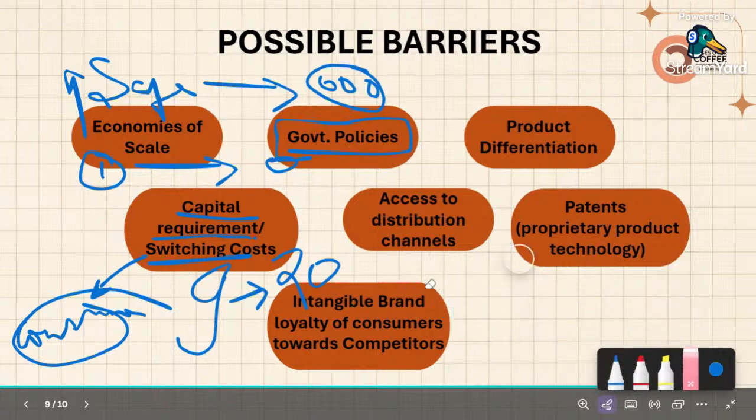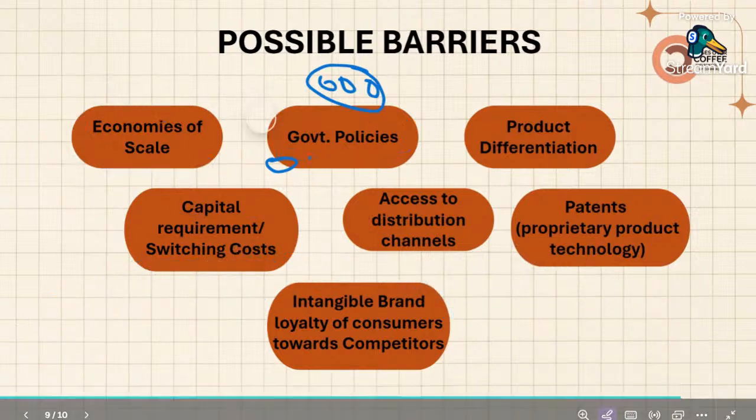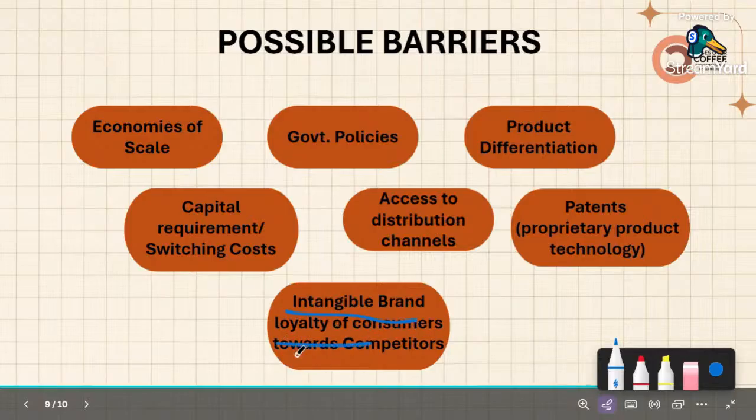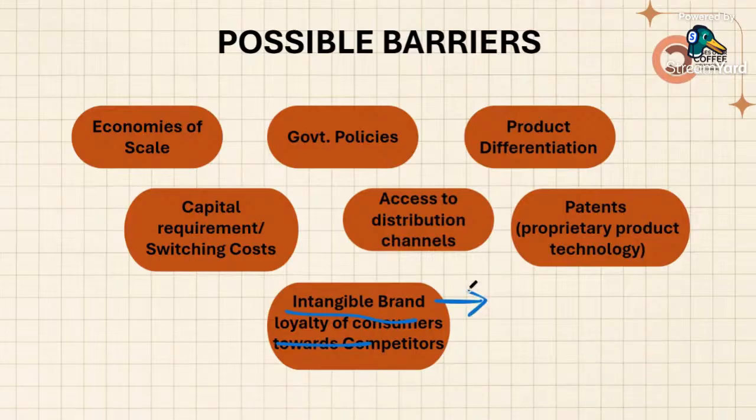Moving forward to the intangible brand and the loyalty towards the competitors. I would say in the premium segment, consumers are very loyal to some brands and to a specific product. In this scenario, they won't be switching to others because of their loyalty.